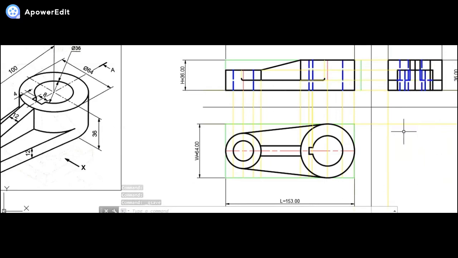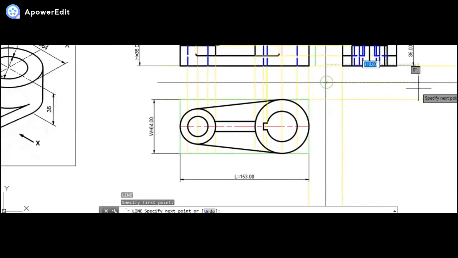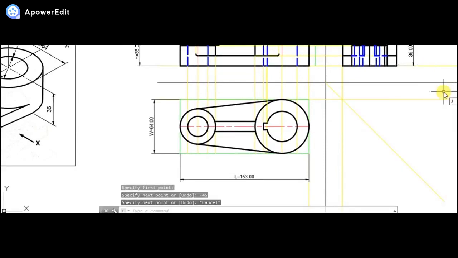For tangent sake, what we need to do is, I need to draw a projection line first of all. A line inclined at an angle of 45 degrees in fourth quadrant. Like this.